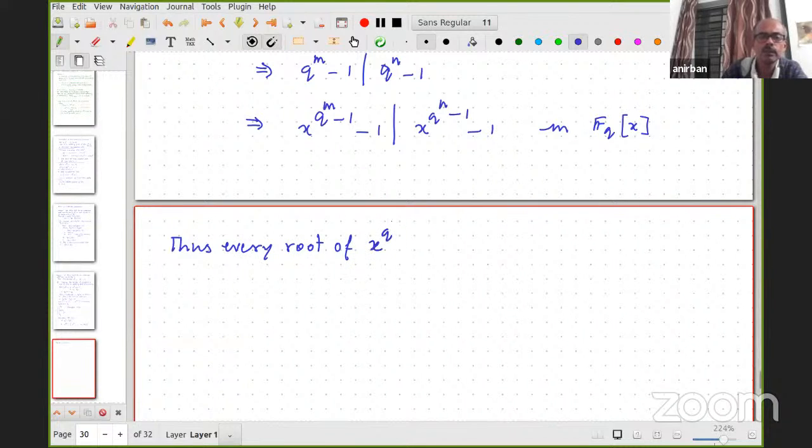x to the q to the m minus x is a root of, so every root of that polynomial is a root of x to the q to the n minus x.